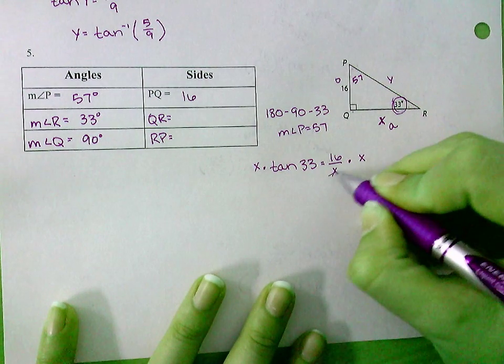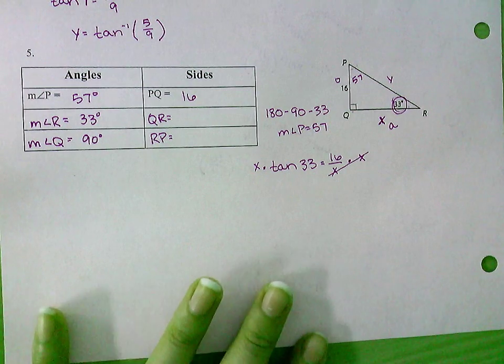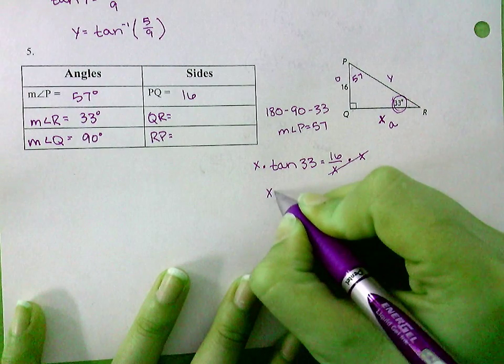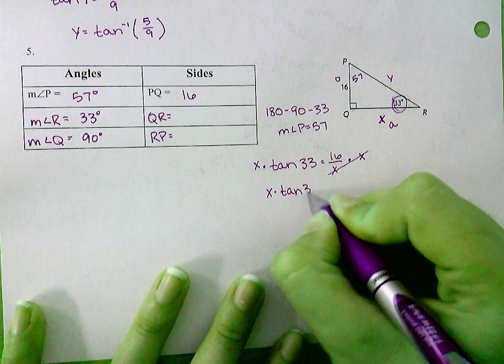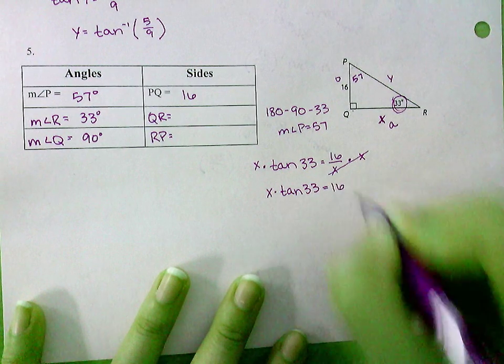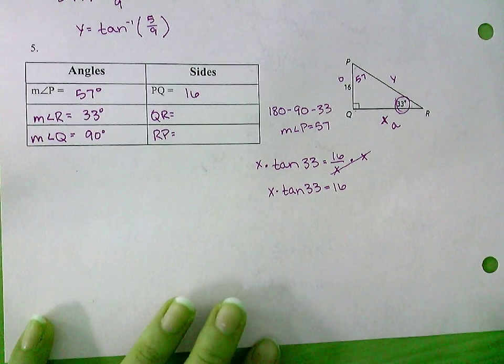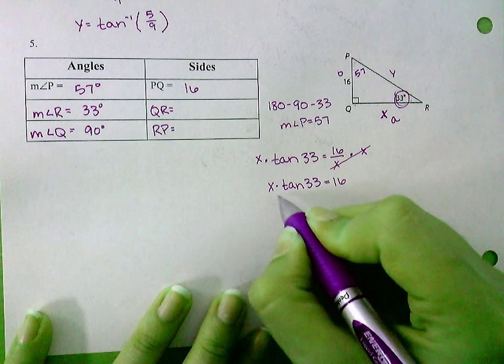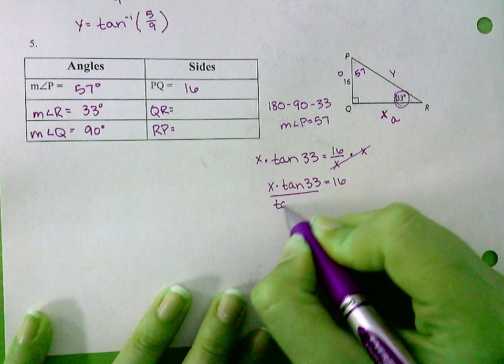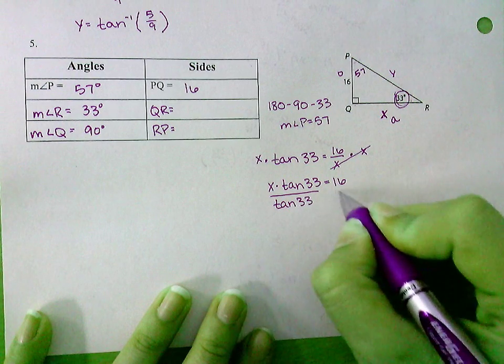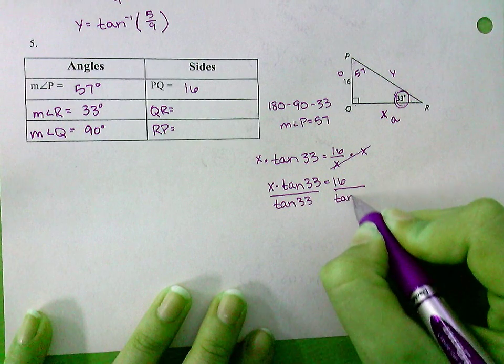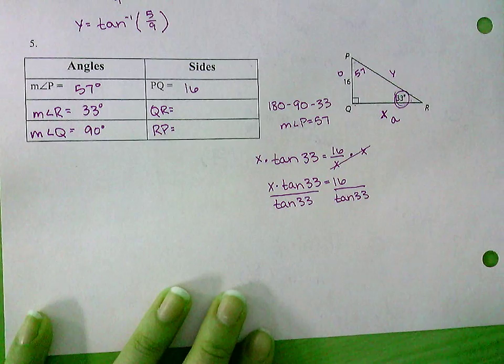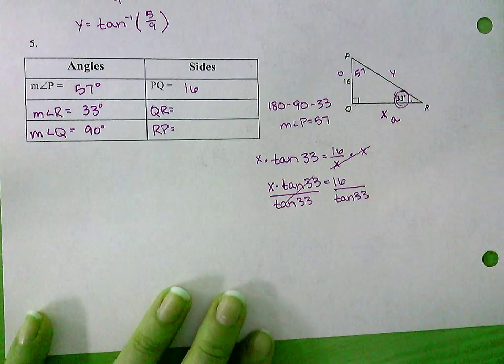So they cancel out over here. We have X times the tangent of 33 is equal to 16. To get X by itself, you're going to divide by tangent of 33. So they cancel here.